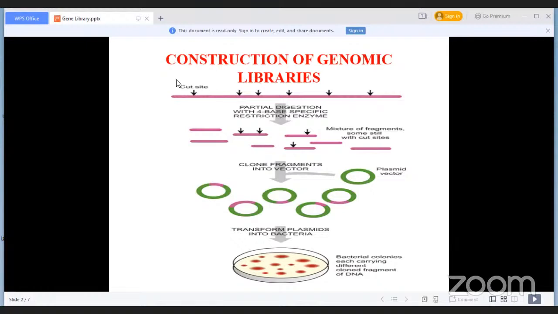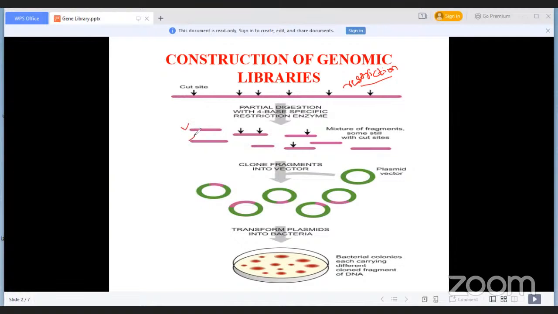So first, for cutting, restriction endonuclease is used. With the help of restriction endonuclease, this entire length of the DNA is cut into a number of pieces like this.